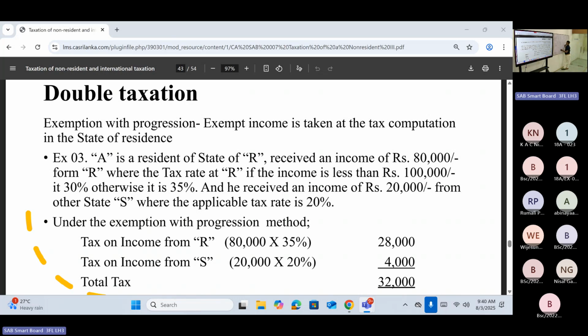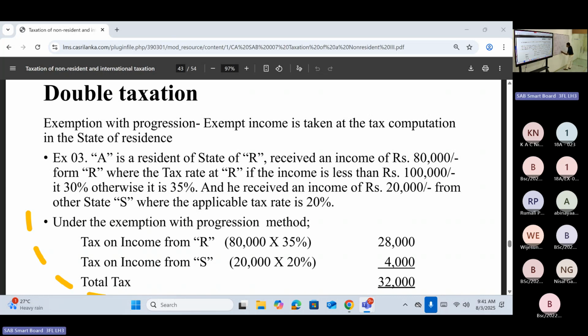But if no DTA is available, where he is resident, country R, he received 80,000, and country S, 20,000, all together 100,000. At 35%, that is 35,000.